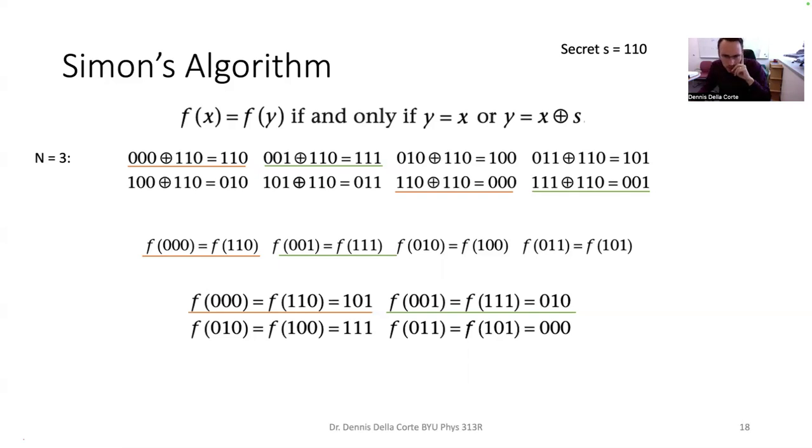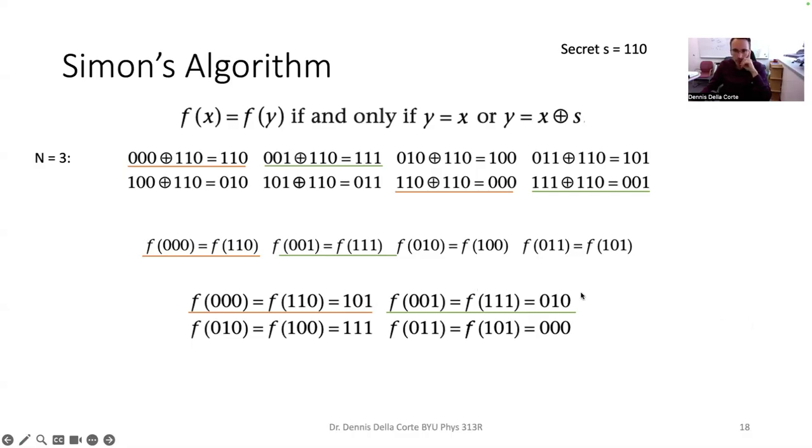Is that a mistake? f of 011 should be the same as f of 111. That's correct. And it's always 110. Yeah, that's correct. Okay, so we have these 4 equalities here.